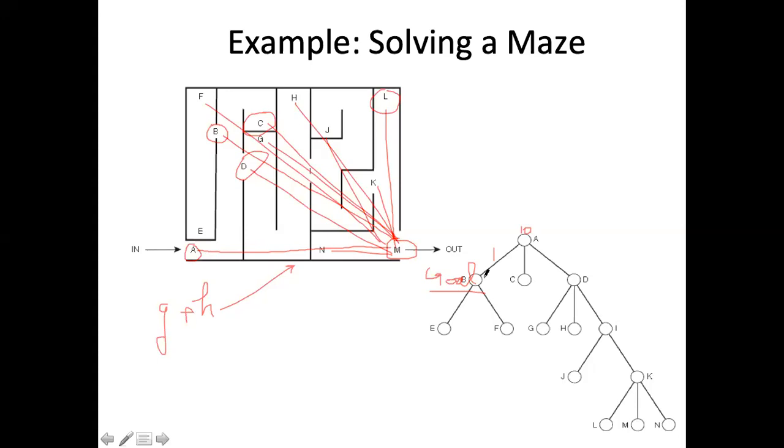और B की जो heuristic evaluation होगी वो B से M तक का straight line distance है, and that could be, let's assume that would be 12, ठीक है? और A से C की जो path cost है वो 1 है, लेकिन C की जो heuristic cost होगी that would always be with respect to the goal.